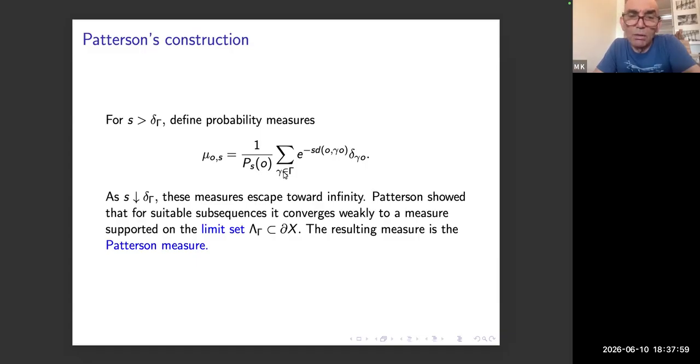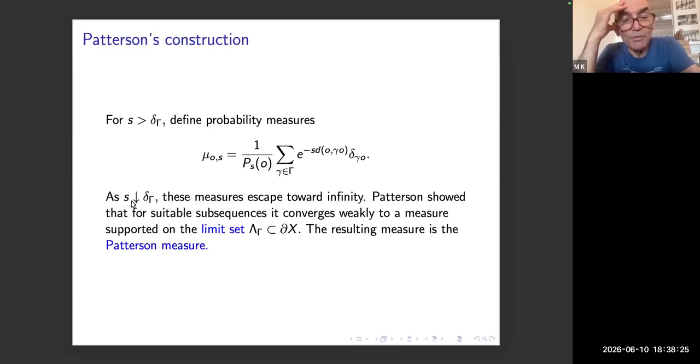As s, the inverse temperature, approaches delta gamma, Patterson showed that this approaches a probability measure on the boundary. This is quite a delicate limit.